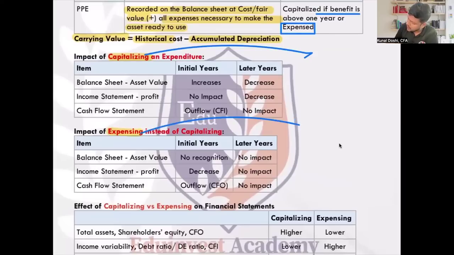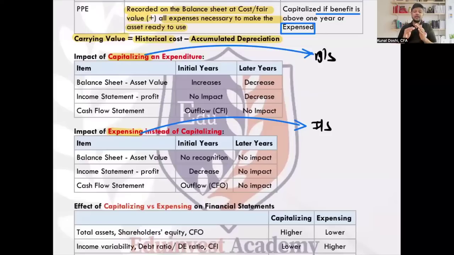Can anyone tell me? When I say capitalize, this cost will go into the balance sheet. Expense means it goes to the income statement. See, if it directly goes into the income statement right now, immediately your profits will go down. Correct?